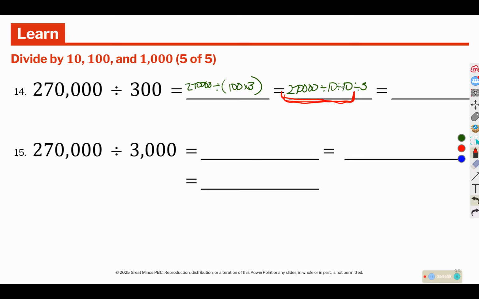It shifted 2 place values backwards to make it 2,700. And then I need to divide that by 3. We know 27 divided by 3 is 9, but it has 2 extra zeros, so 2,700 divided by 3 is 900.